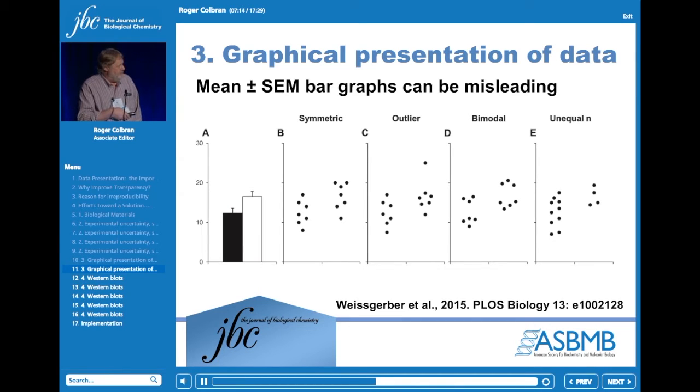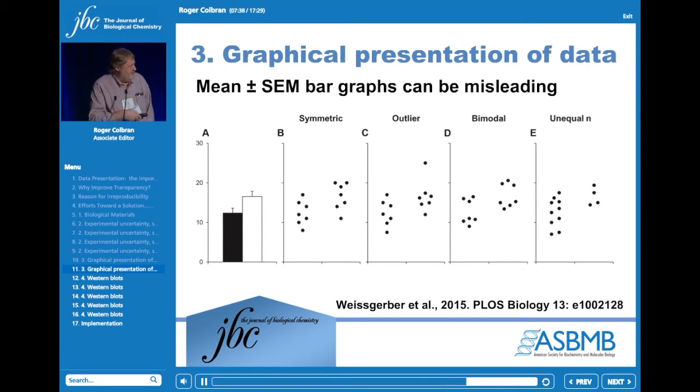However, you can get this same bar graph from very different patterns of data within this graph. So all of these data sets give you the same graph. And again, what we want to see are scatter plots for both sets of data with the mean plus the standard error of the mean. So the reader can see, the reviewer can see that this is what the data really looked like, and it looks like a convincing thing.